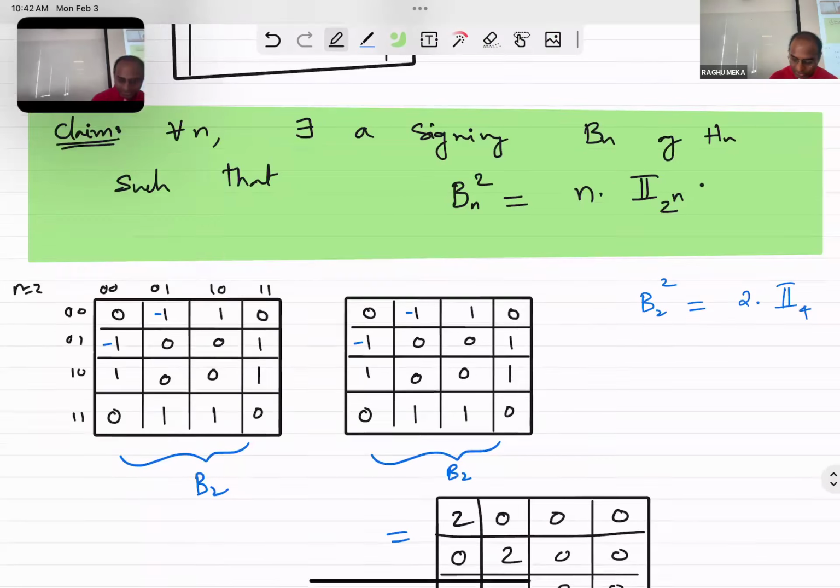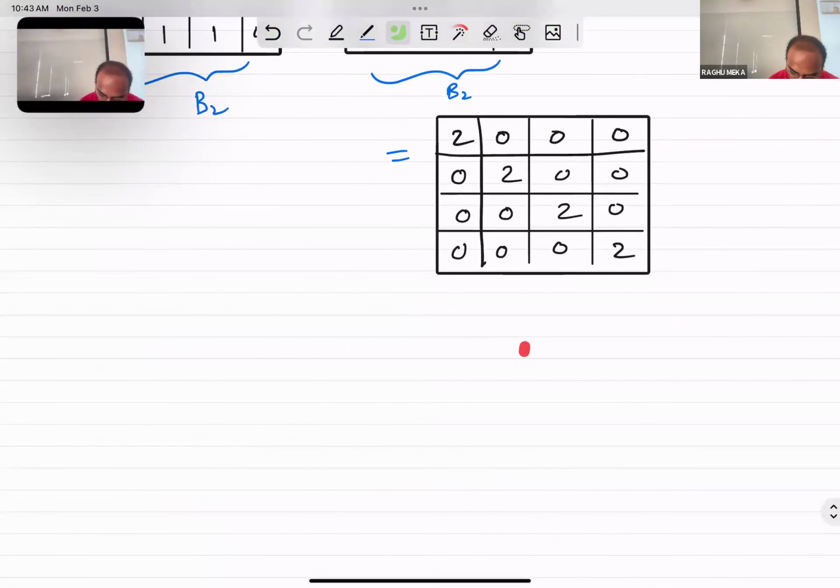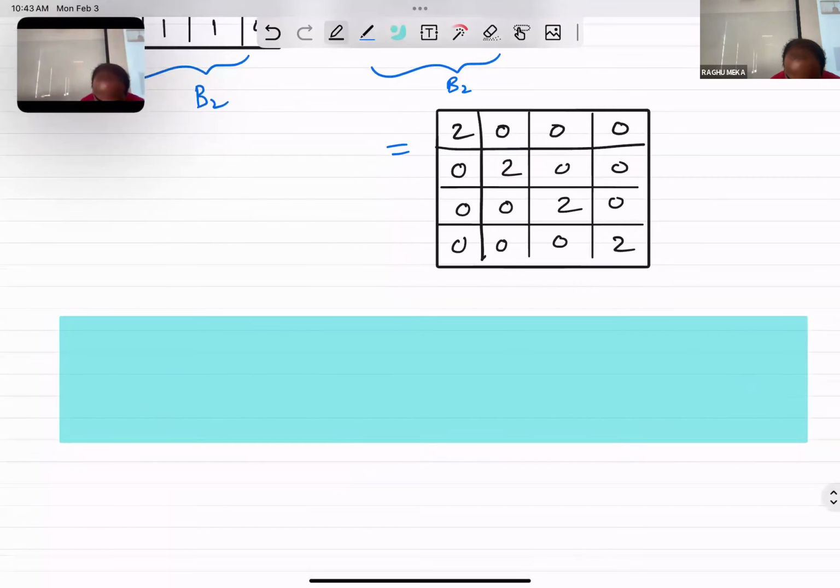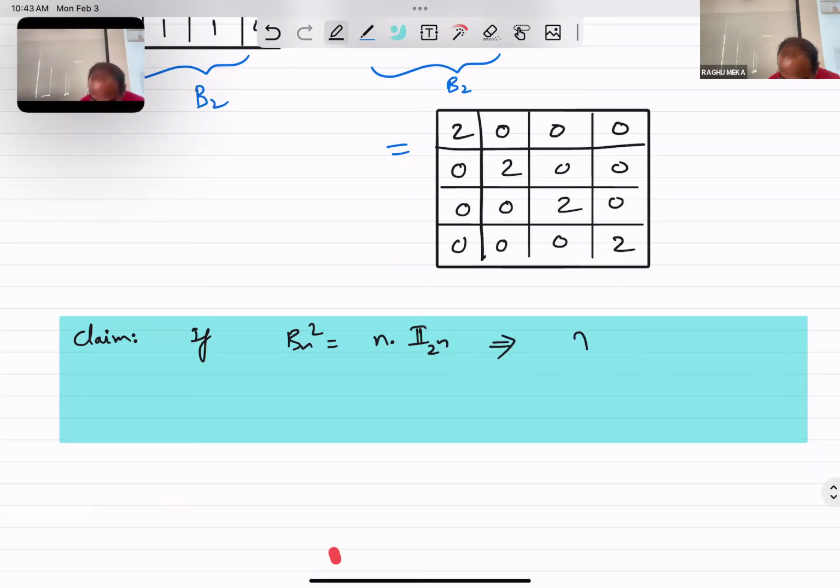So if Bn squared equals n times identity, this implies that all of the eigenvalues are either root n or minus root n.